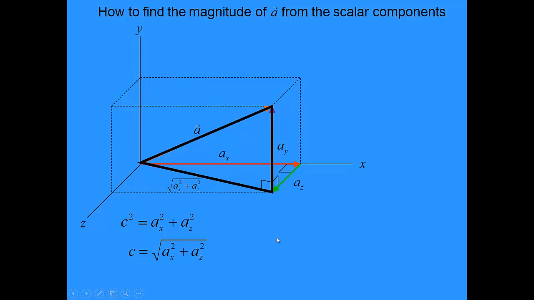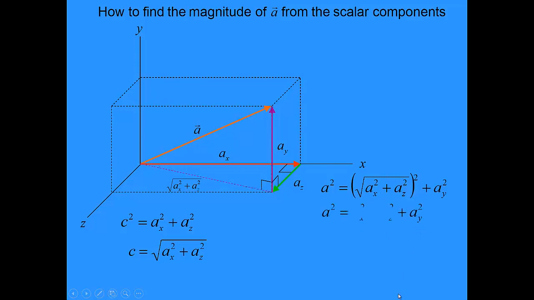So again, by using the two-dimensional Pythagorean theorem, A squared has to be the square of this side plus the square of ay. But the square of a square root is just what's inside. So A squared is ax squared plus az squared plus ay squared.